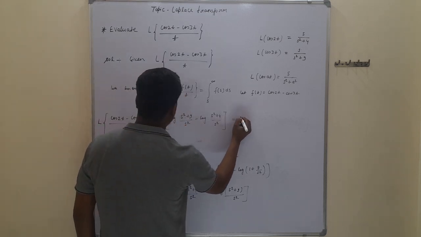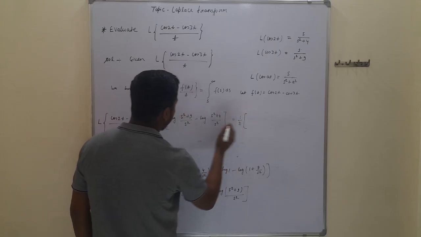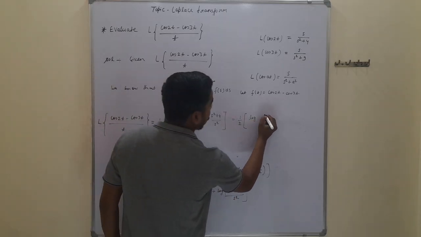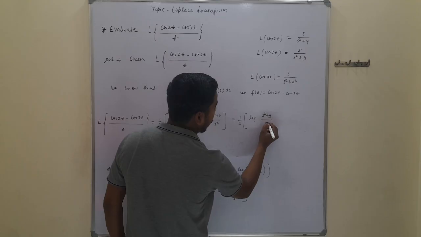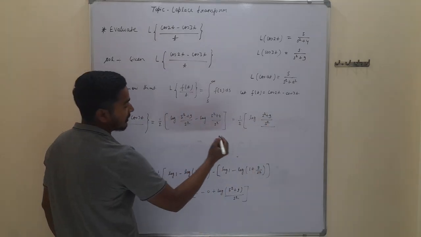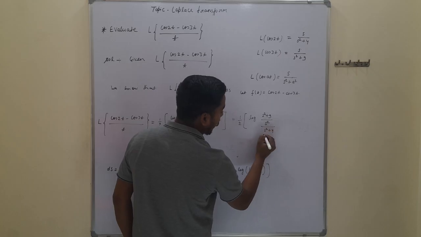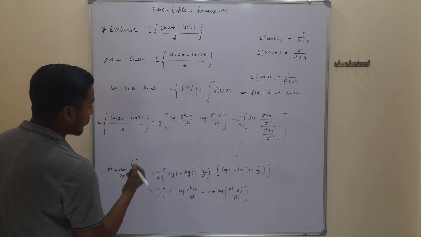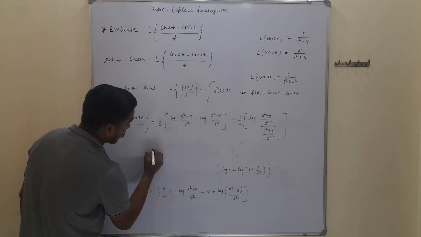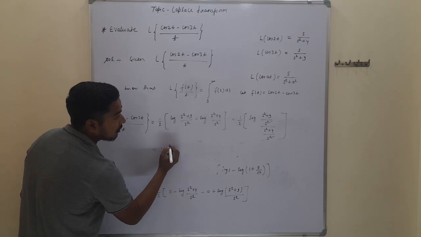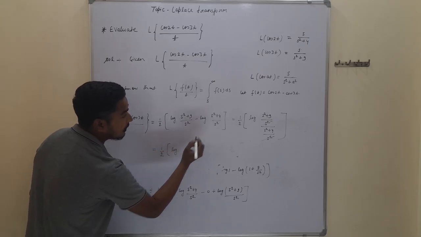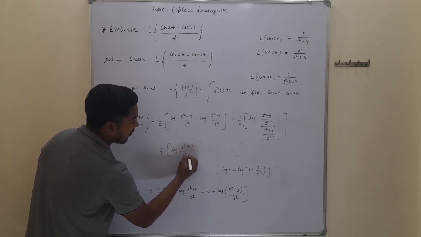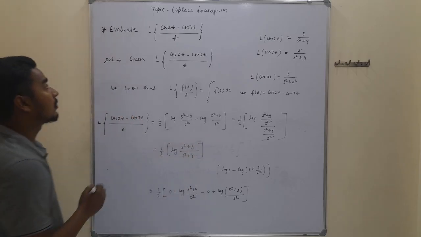So 1 by 2 is outside, and here log m upon n is given by log of s square plus 9 upon s square, and this is m and this is n, so we write here s square plus 4 upon s square, and we cancel out the term s square with s square, and the remaining is 1 by 2 log of s square plus 9 upon s square plus 4. This is the required solution of the given problem.